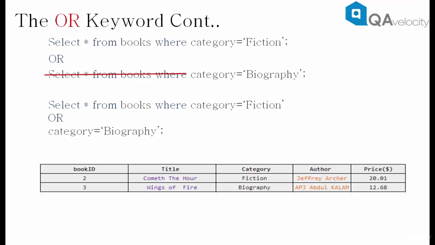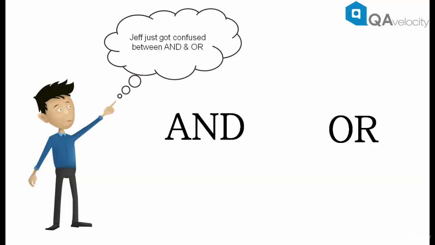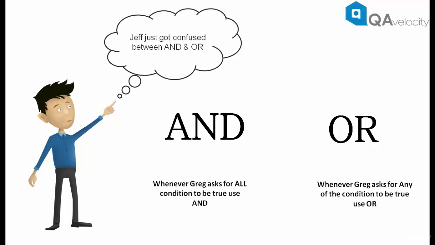And finally, Jeff got his results using OR. Are you also confused between AND and OR? Okay, so we use AND whenever all conditions need to be true, and OR is used for any of the conditions to be true.